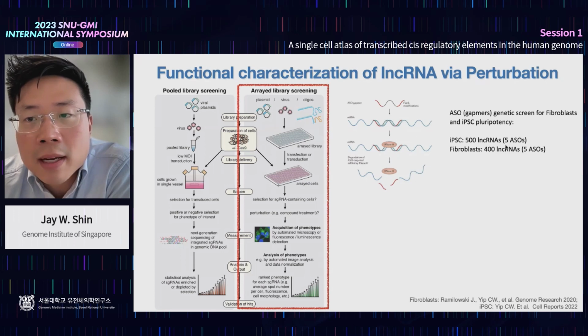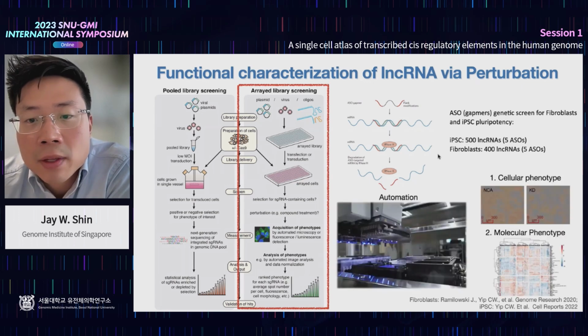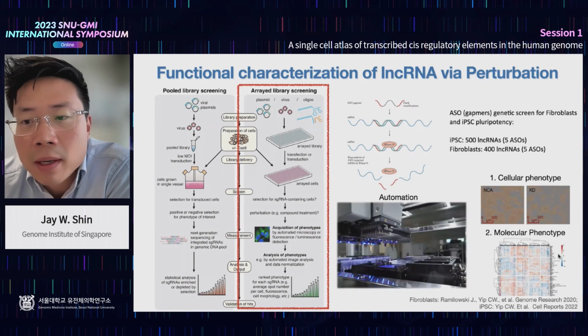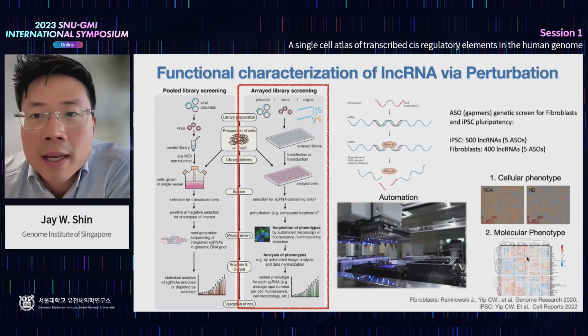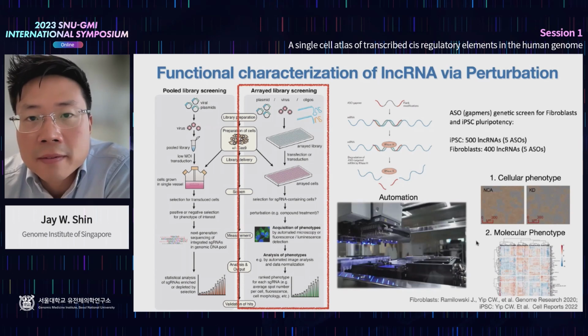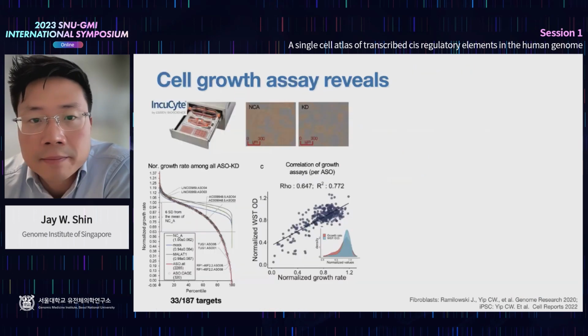So we designed about 5 ASOs across multiple non-coding RNAs in iPS cells and fibroblasts. We used robotics to perform functional genomics screening, and we profiled both cellular phenotype as well as molecular phenotype. Here we perform RNA sequencing after the perturbation of suppression of these non-coding RNAs.